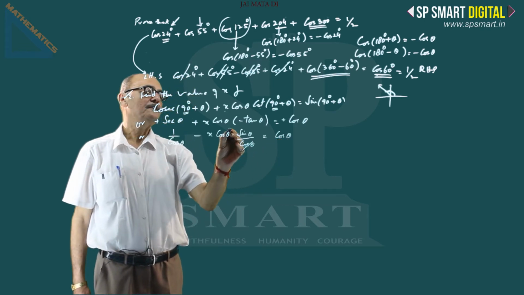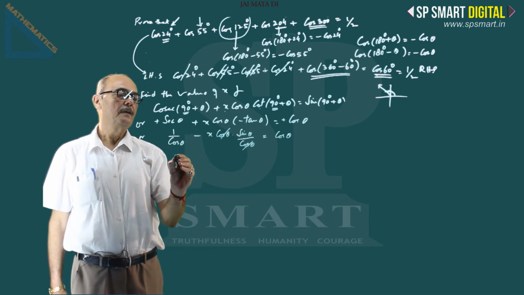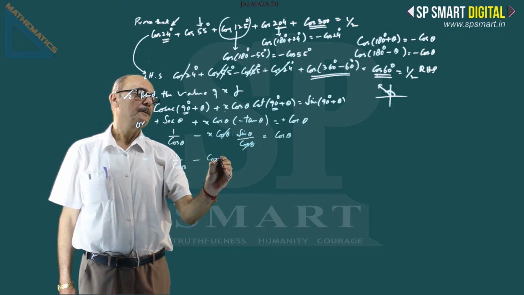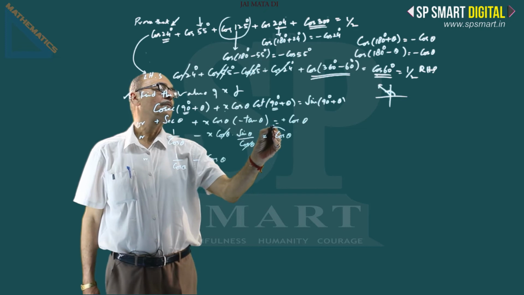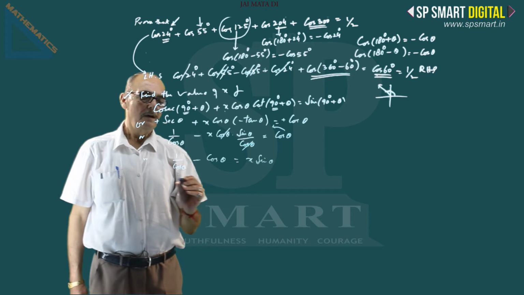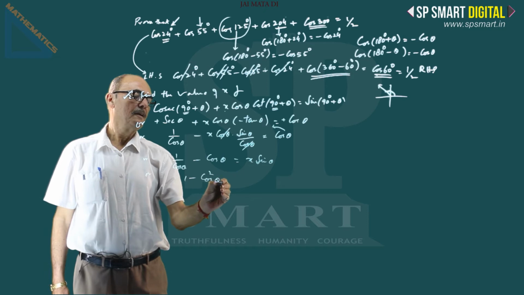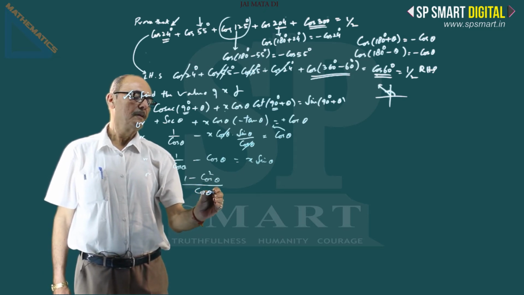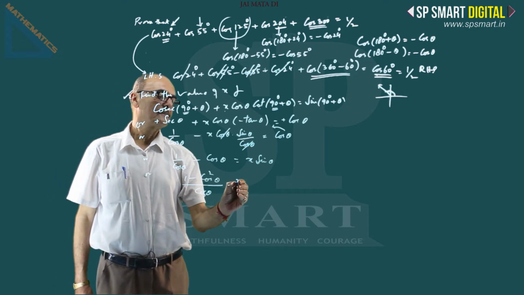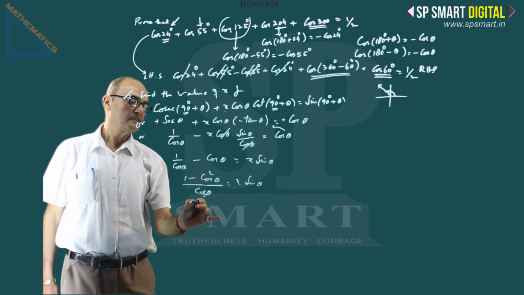This cos theta will cancel out, and by transposition we have 1 by cos theta minus cos of theta, bringing this to the left side, equal to x sine of theta, or 1 minus cos square theta upon cos of theta equals x sine of theta, or sine square theta.